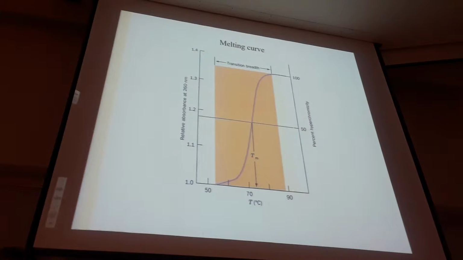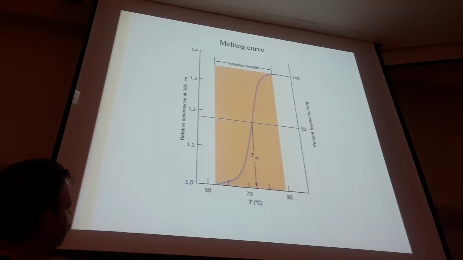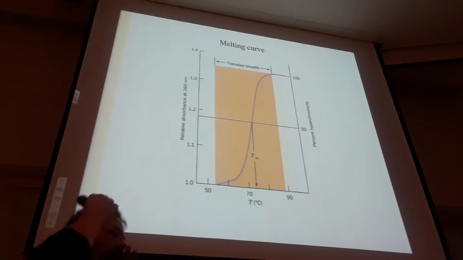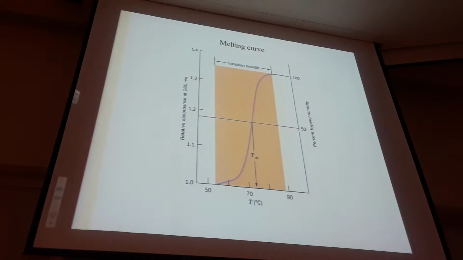So by definition, when we reach the melting temperature here, which is in this case, let's say 72 degrees or something like this, we assume that half of the molecules that were previously in a double-stranded state have been separated and are now in the single-stranded state. Now, that's a definition.